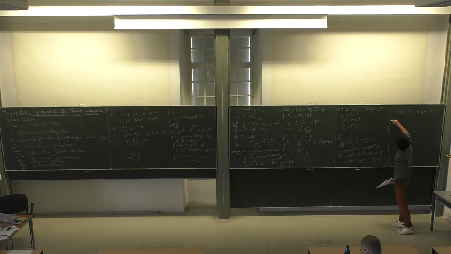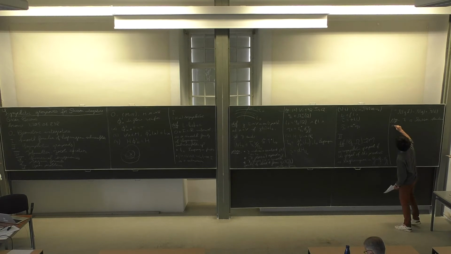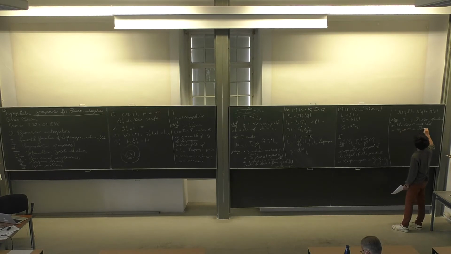Right, and so proposition. There exists a unique Poisson structure on the base M such that if I call alpha the source and beta the target, this is Poisson.